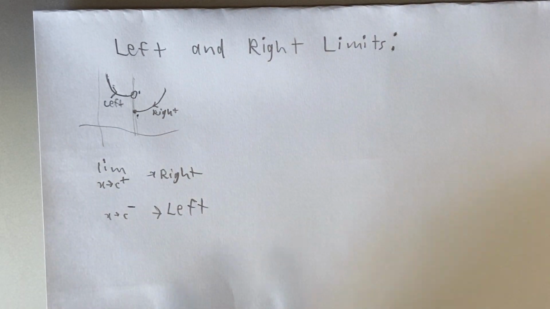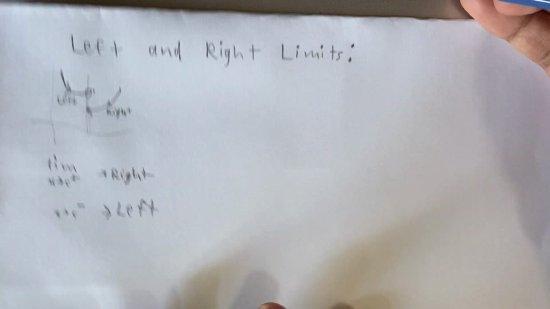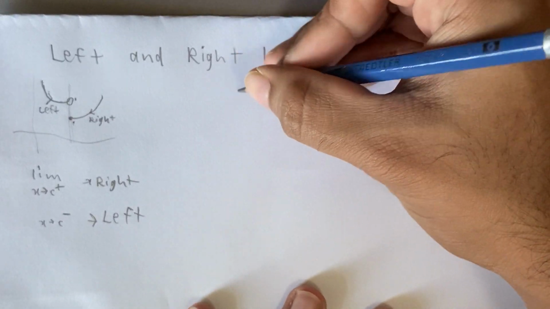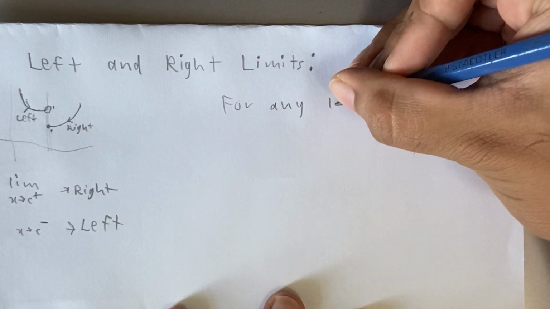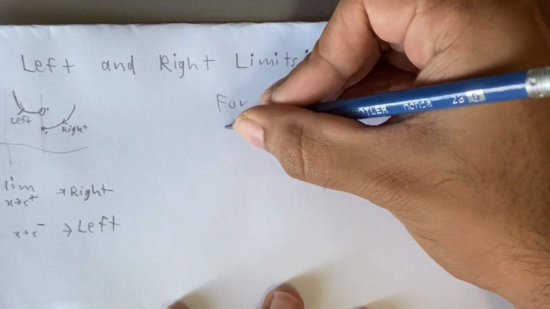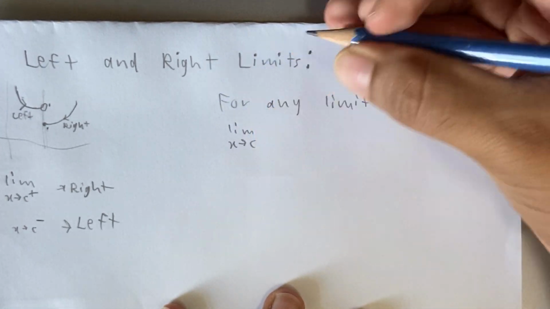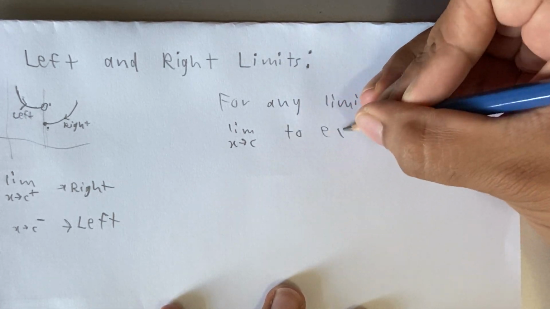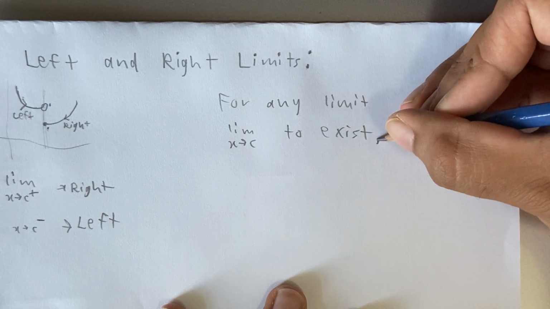So this becomes even deeper when we realize that there is a theorem in calculus which says that for the limit as x goes to c to exist, we have the following conditions.